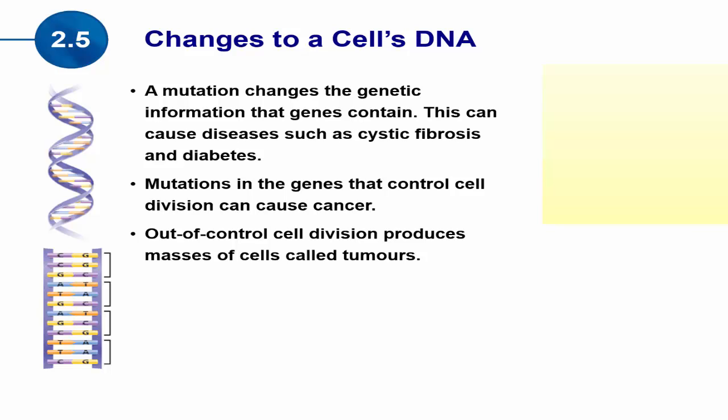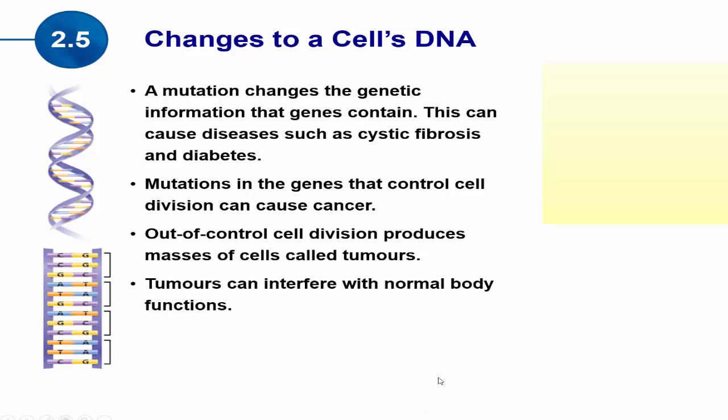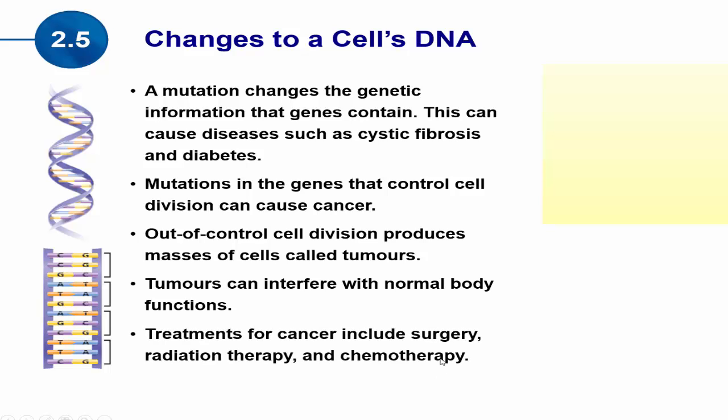Especially if these tumors occur in places in your body where, let's say, they're pushing on brain cells or other critical cells and depriving them of the nutrients and energy that they need, and of course, again, consequences. So tumors, as I say, interfere with normal body functions, and treatments for cancer include a whole lot of different types of surgery, radiation therapy, and some nasty chemicals that, in order to kill the cancer cells, almost kill you. So cancer is not a nice disease.